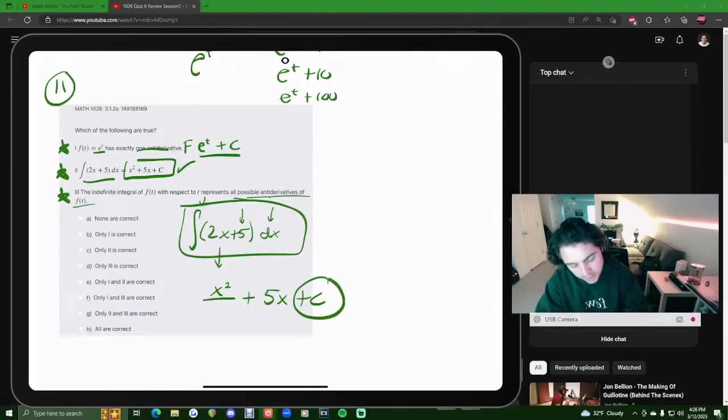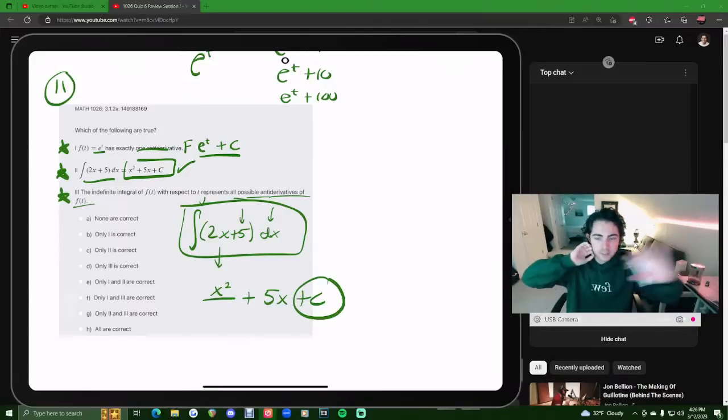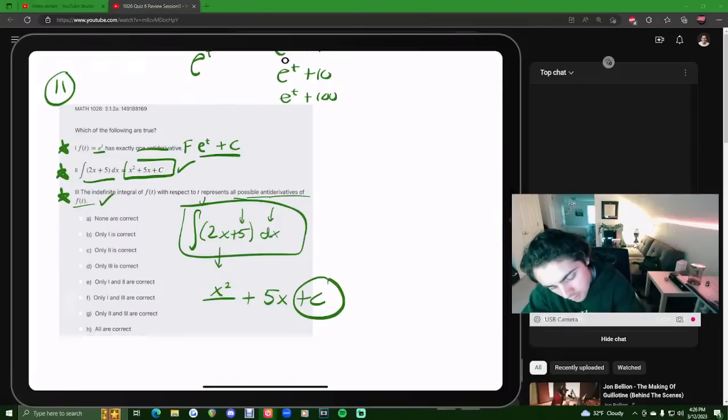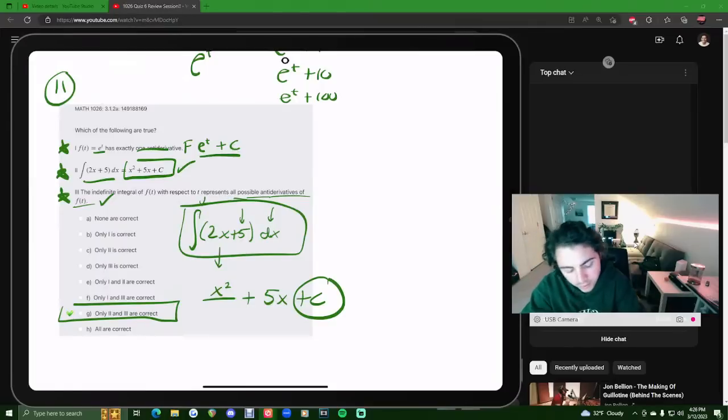All possible antiderivatives is a result of adding plus c. We always find all possible antiderivatives by adding plus c. Plus c makes it like a family of possible antiderivatives. It's a general solution, general antiderivative. So in this case, 2 and 3 are correct, and 1 is our false statement.